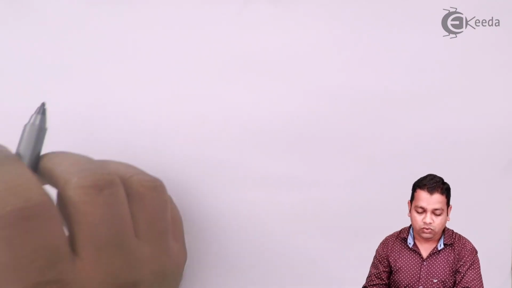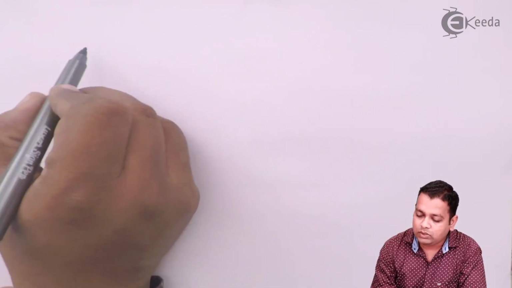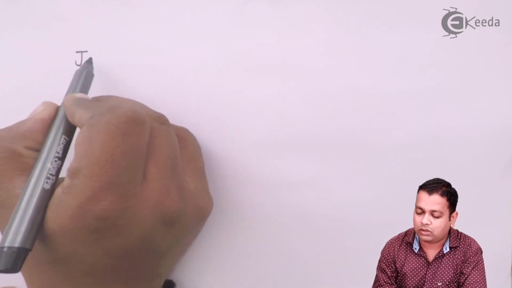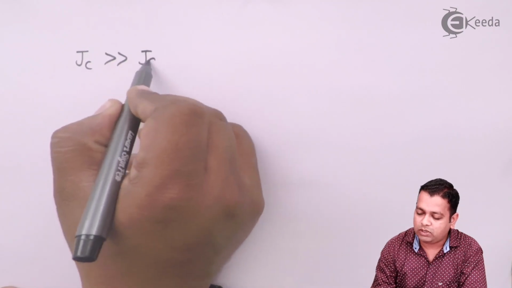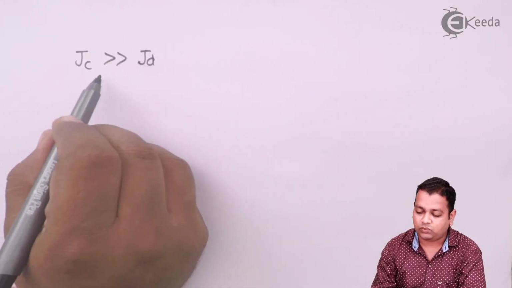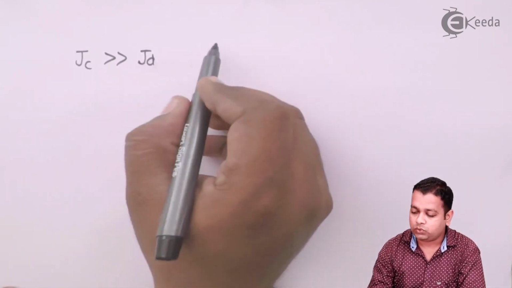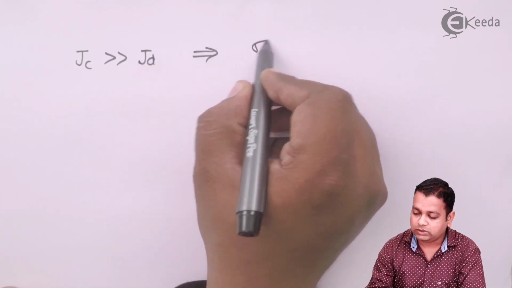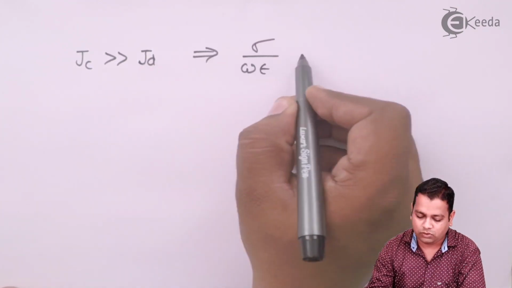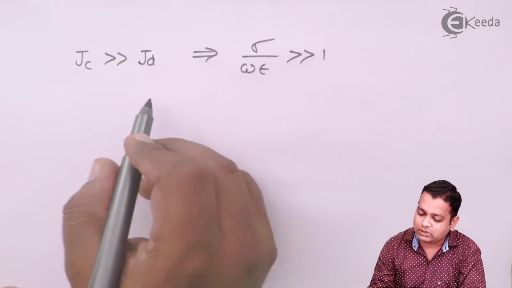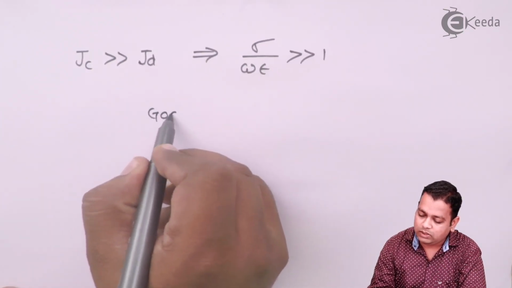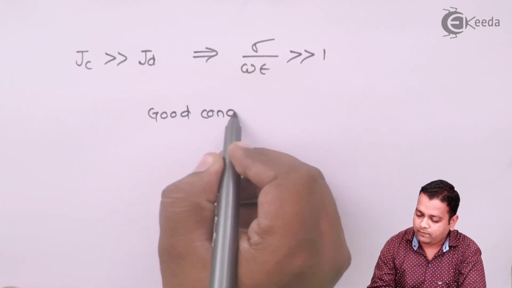Now we can have more categorization as good conductors and good dielectrics. So if we have the comparison of conduction current density with the displacement current density as JC very much greater than JD, then the ratio sigma upon omega epsilon is very much greater than 1. So in this case we say that the material is a good conductor.